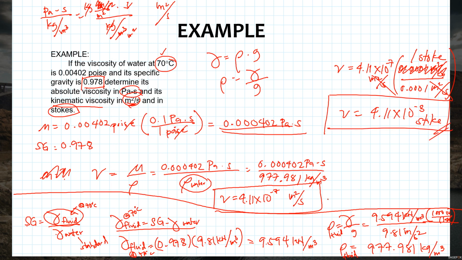Okay. That's how we solve a sample problem on viscosity. So every liquid has its own absolute viscosity, but it will be different when it comes to its kinematic viscosity, depending on its values. Any question?